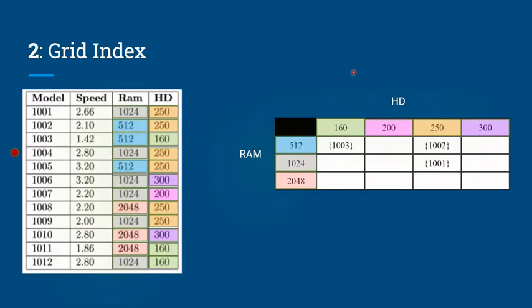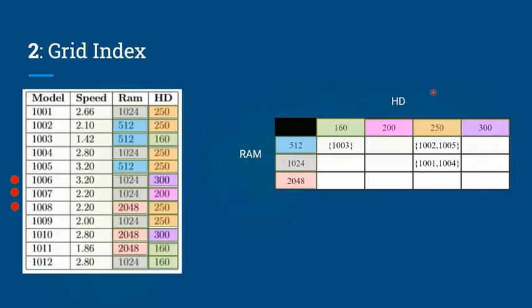Next entry, 1004, with a RAM 1024 and HD equal to 250. In this case, you would just add this as well along with 1001. So we have now 1004 inserted in this cell. We go one more step further and we have 1005 inserted in column 250 with row 512 cell.